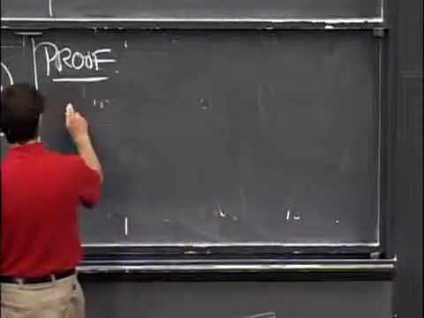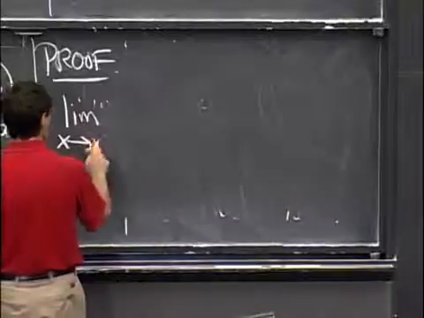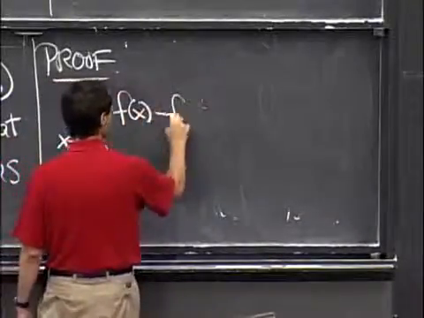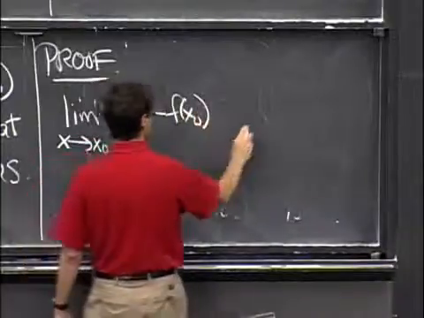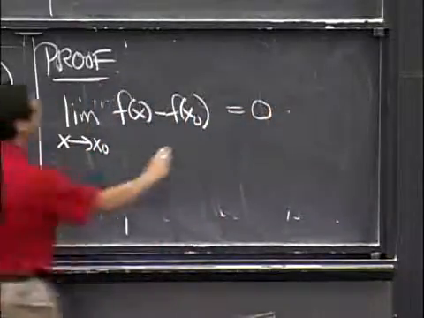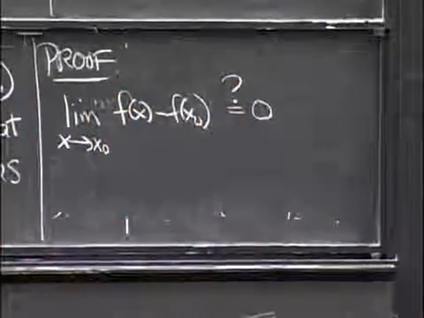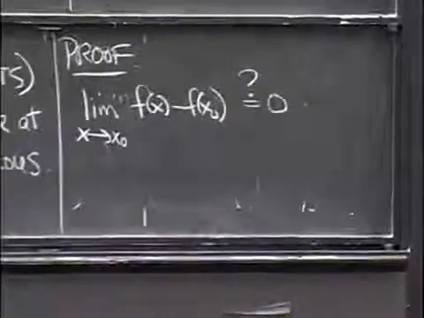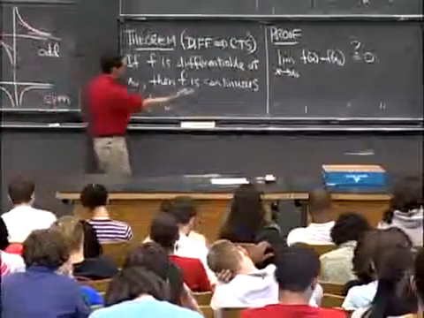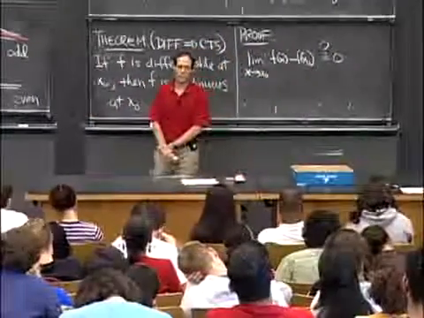So what we have to check is that the limit as x goes to x0 of f of x minus f of x0 is equal to 0. So this is what we want to know. We don't know it yet, but we're trying to check whether this is true or not. So that's the same as the statement that the function is continuous, because the limit of f of x is supposed to be f of x0. And so this difference should have limit 0.